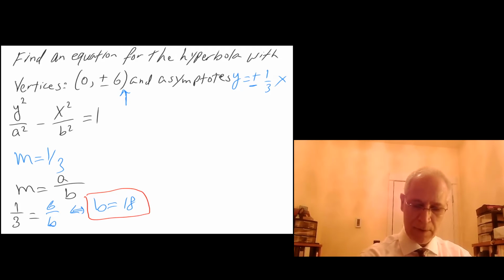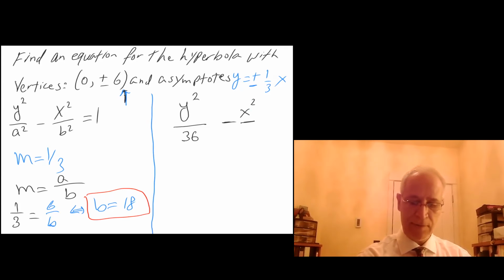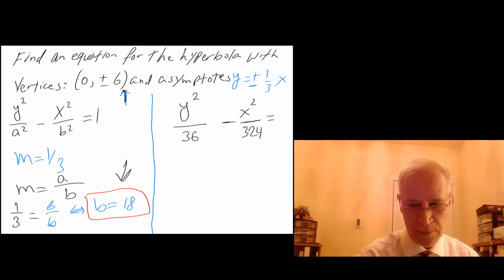So let me put a line through here so things don't get mixed. I have y squared over a squared, and a I'm getting from here. If a is 6, then a squared must be 36, minus x squared over, we found that b is 18. 18 times 18 is 324. So 324 equals 1.